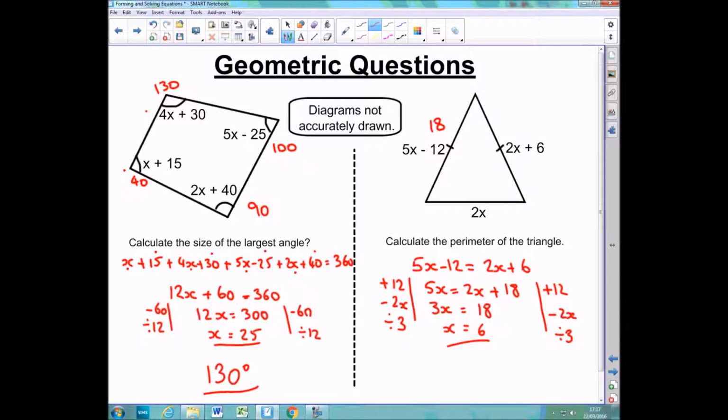The next one, 2x plus 6, 2 times 6 is 12, plus 6 is also 18, which we hope would be the case because it's an isosceles triangle. And lastly, 2x, 2 times 6 is 12. So to find the perimeter, I need to do 18 plus 18 plus 12, which is 48.